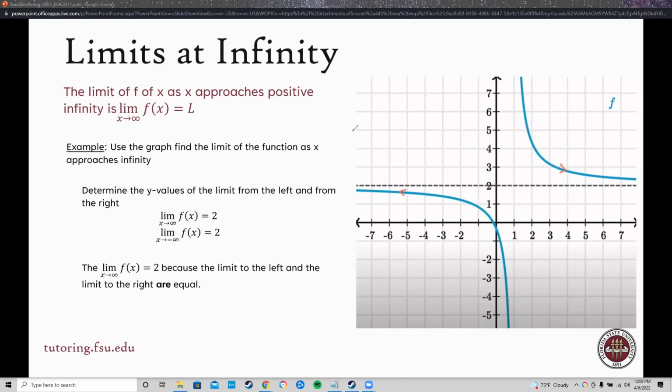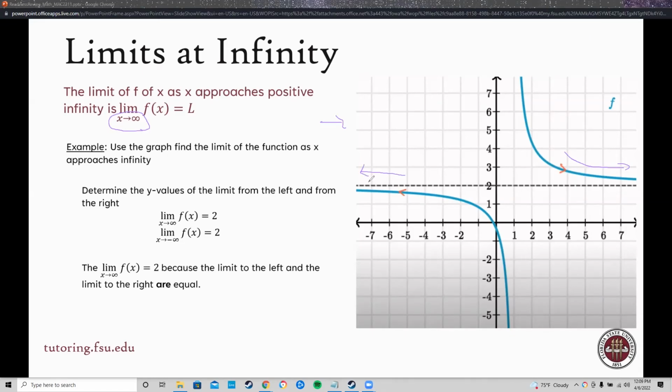If I'm given a graph that looks like this and I'm asked to figure out what the function does when x approaches infinity, x approaches infinity going this way and that way.